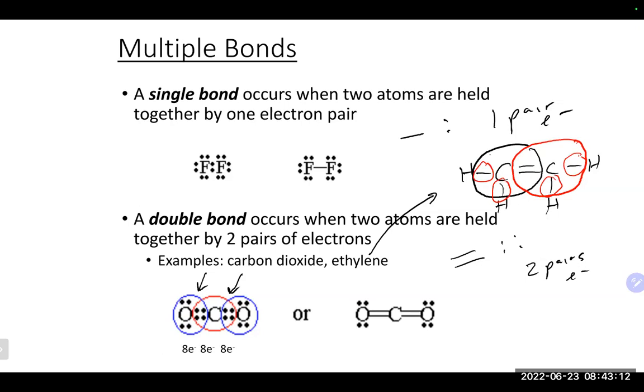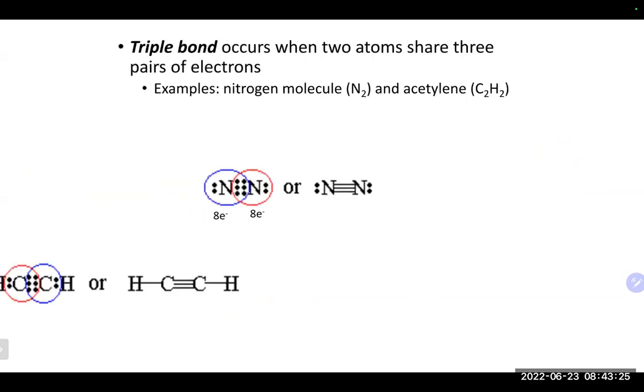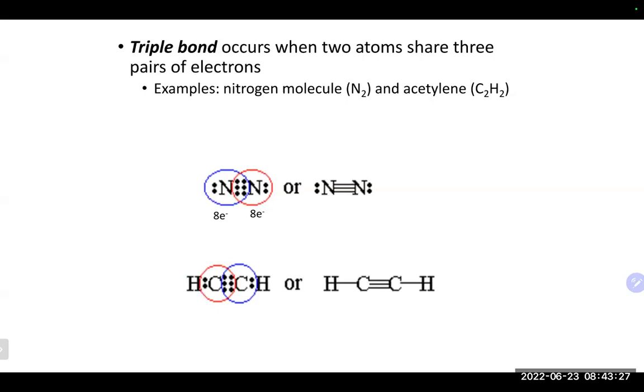Any questions on that? As I mentioned before, sometimes you need to go to a triple bond to get to that octet rule. And in a triple bond, we have a sharing of 6 total electrons, 3 pairs of electrons. And that's what we see here with nitrogen.